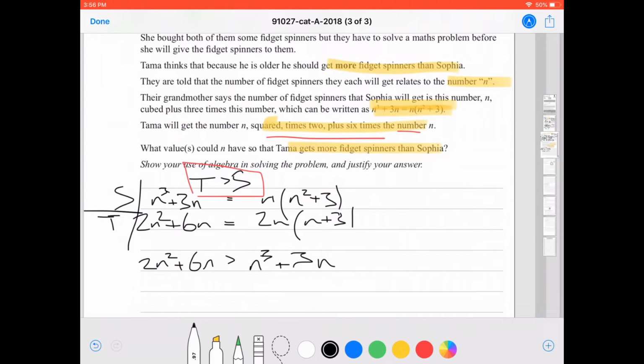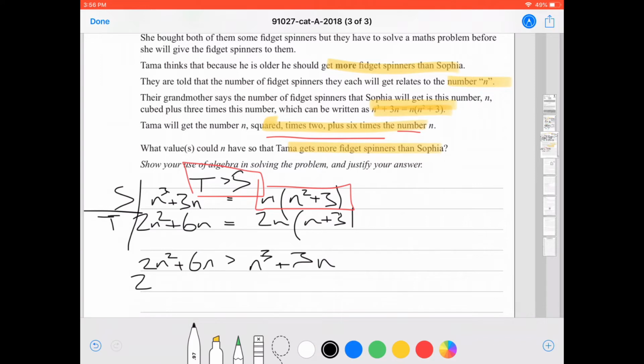We can't do it with n cubed, we want to use n squared. So for Tama, if we want to cancel out n, let's use factorized forms and see what happens. 2n times n plus 3 is greater than n times n squared plus 3.